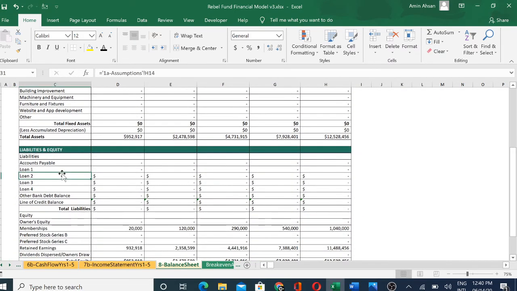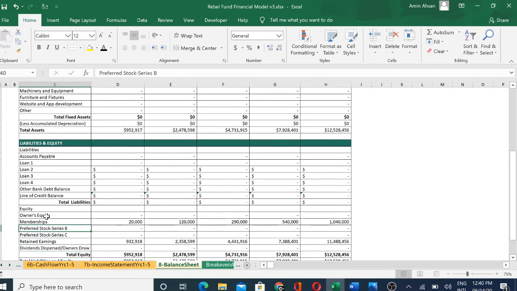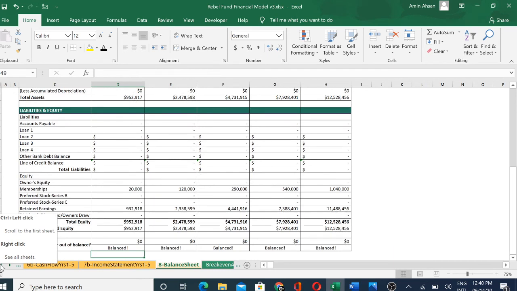You have not entered any loans, so this is showing zero. These are the membership fees. You have told me that the membership fee is $20,000 in the first year, and in the next years it is $100,000. So you can see that 100 plus 20,000 has become 120,000.